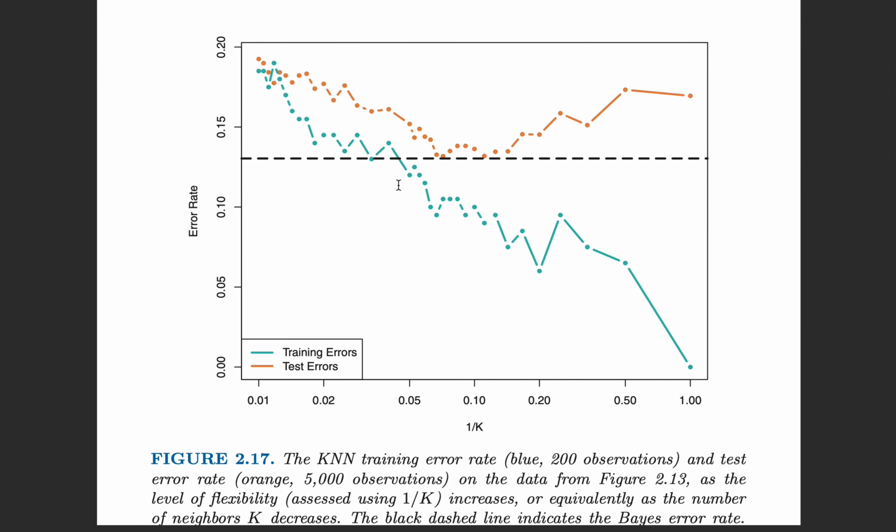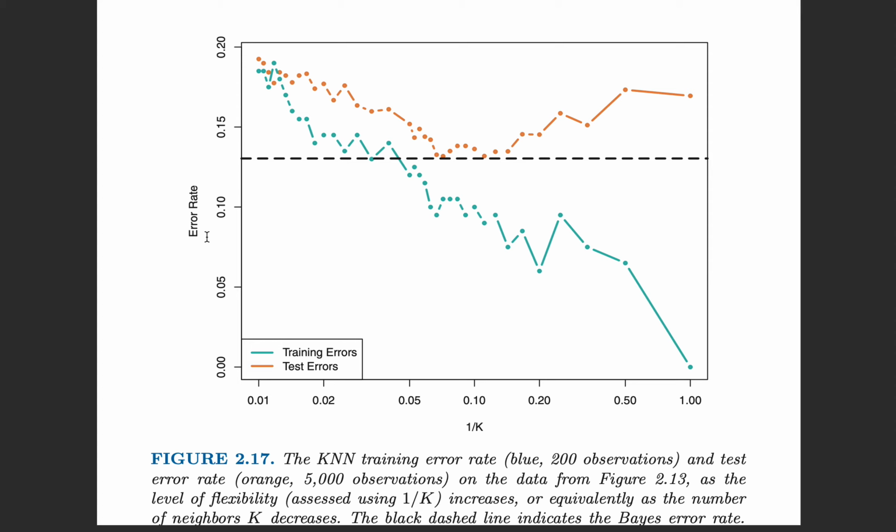And here is what we expressed before, that the test error goes down and then goes up. So I say, wait a second, what goes down, what goes up, what are we looking at? Great question. On the vertical axis, we have the error rate. Error rate is the probability of misclassifying a point.